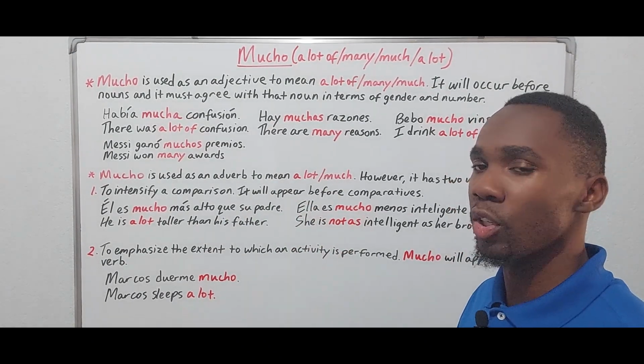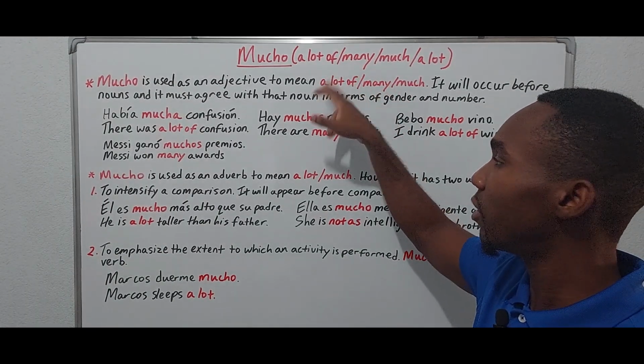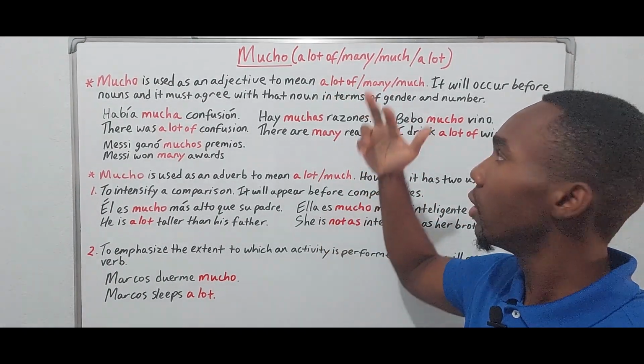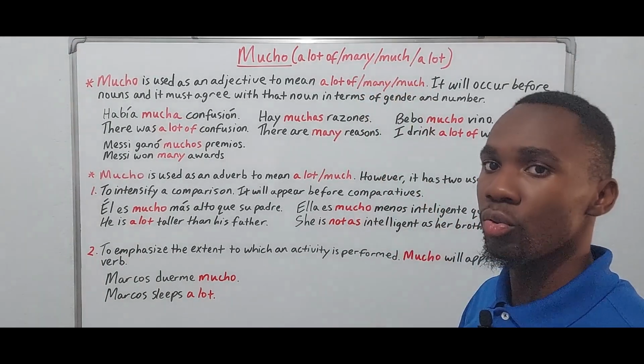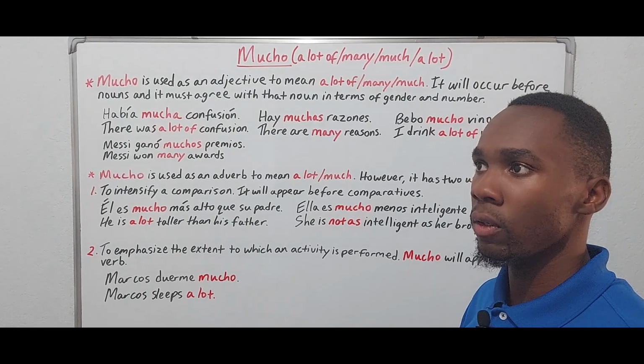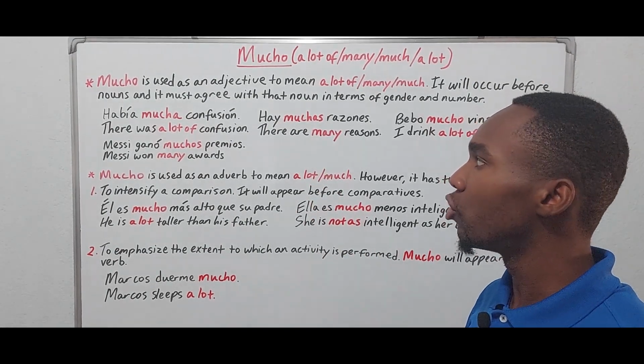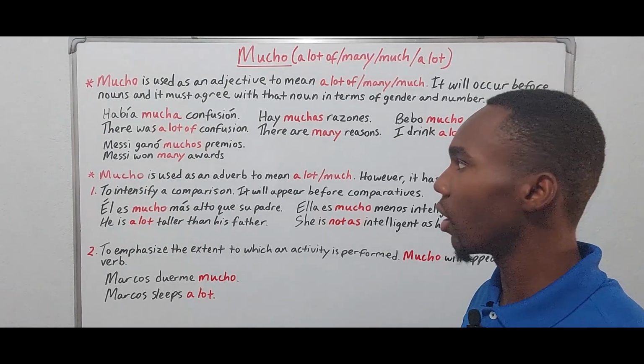We wouldn't use many. This is why I say that, especially as an adjective, the quantifier that you choose to use is going to depend on the noun. So había mucha confusión. There was a lot of confusion.